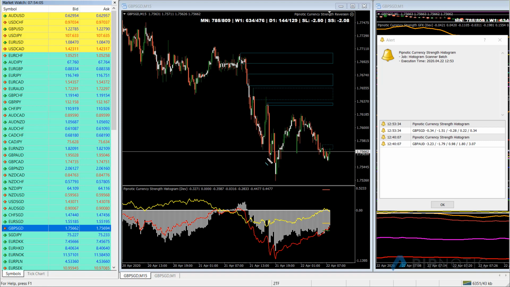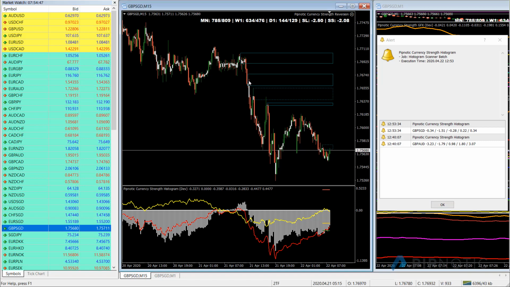So we probably would have gotten in close to the lows on this particular price push here, because we're looking at a moving window of currency strength data, and we're using that to measure extreme readings. Okay, and so we probably would have been able to get in on this trade at the extremes just here.